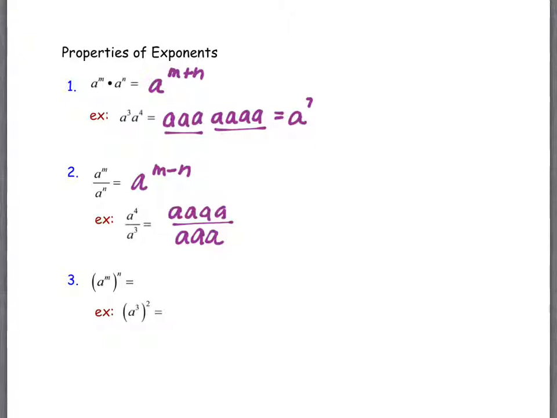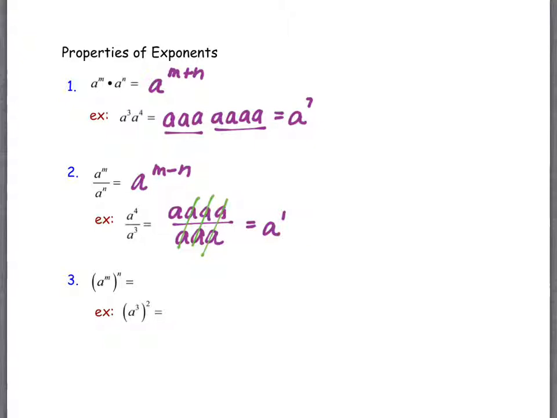Yeah, I can reduce them, right? I mean, that's what we've actually been working on back in section 6.1, is that there's the ability for 3 of those to be reduced, which leaves me with just plain old a, or for the point of what we're discussing, I'm going to write a to the 1. So how do you get from 4 and 3 to 1? Subtract. So that's where that's coming from.